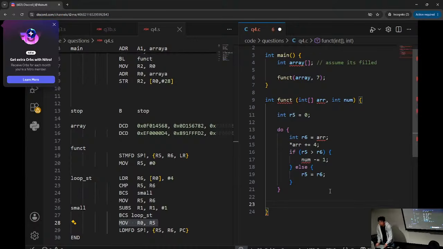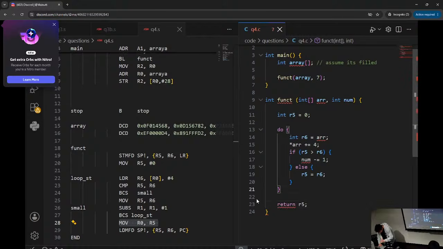It's also the return value. So this line, line 28, actually means return R5. Now, looking at this C code, it's still kind of complicated, right? And it's still sort of hard to see what exactly is going on here.